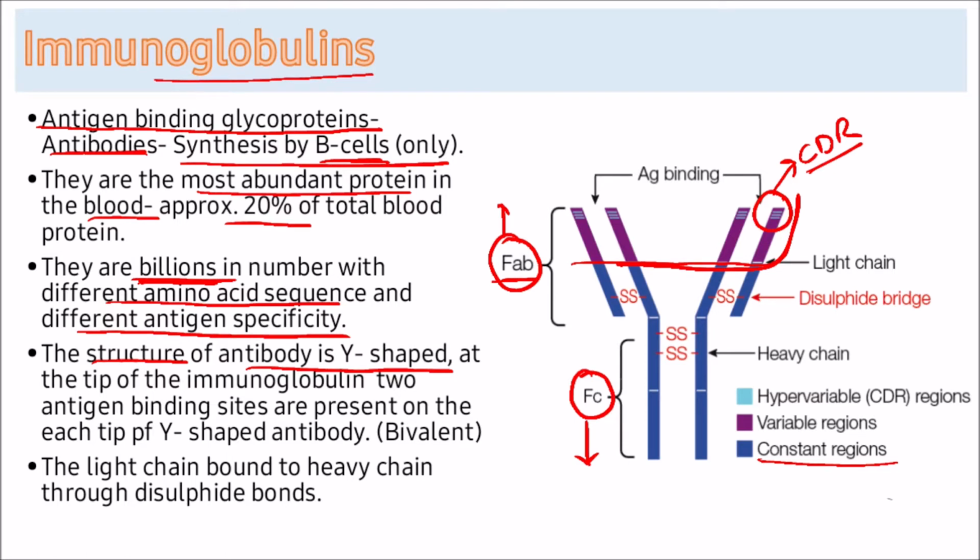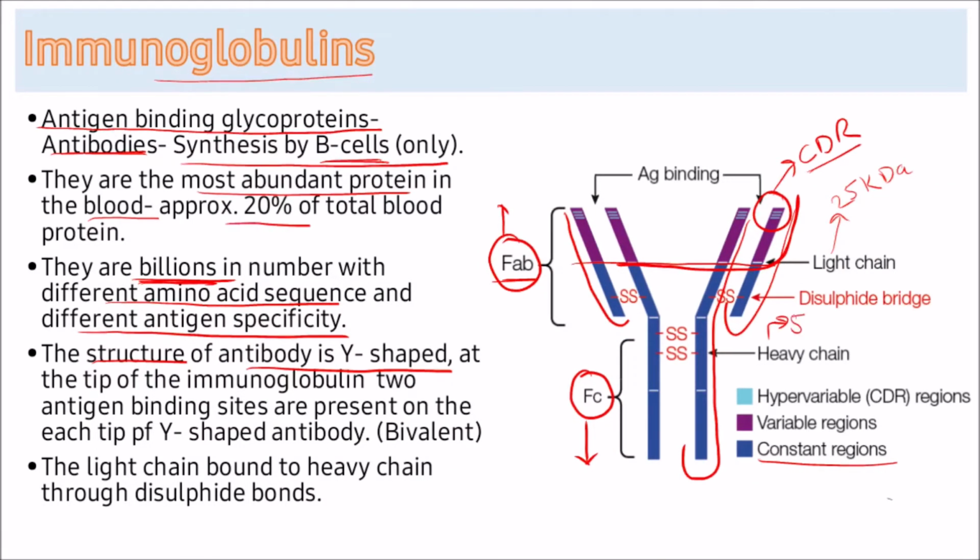It has four polypeptides, that is two light chains, the small chains, this side and this side also, and two heavy chains, the longer chains. The molecular weight of the light chain is approximately 25 kilodalton, and the molecular weight of the heavy chain is approximately 50 kilodalton.